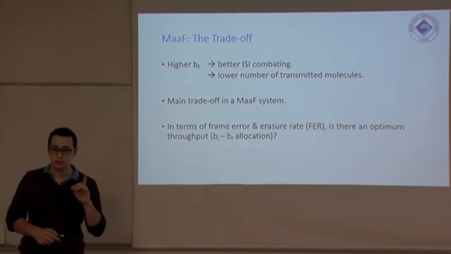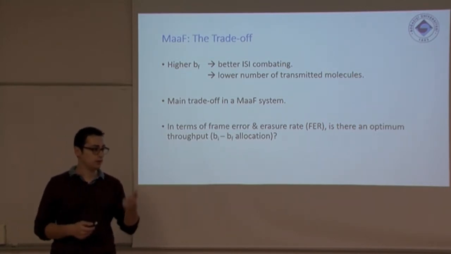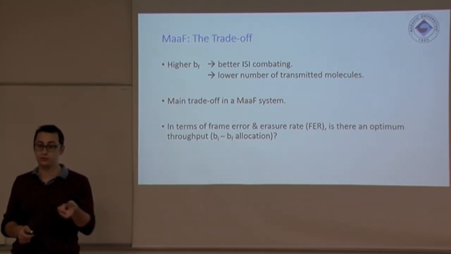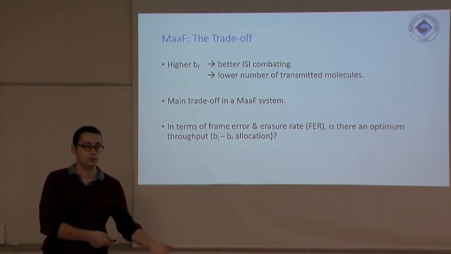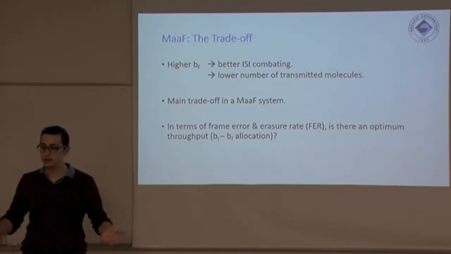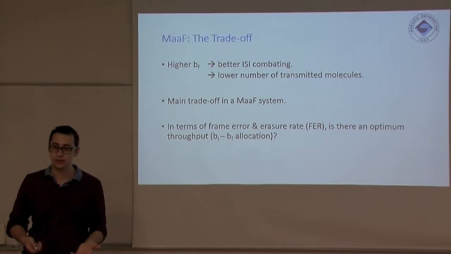Just note that if we send too few frame molecules, since they move in random motion, if they don't go towards the receiver, if they go astray, then we're actually left with no frame molecule. So this is an erasure, basically. All the information content inside is gone.